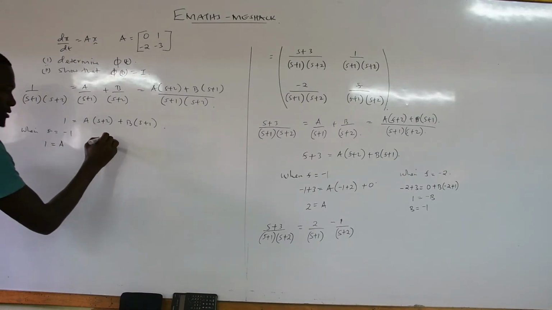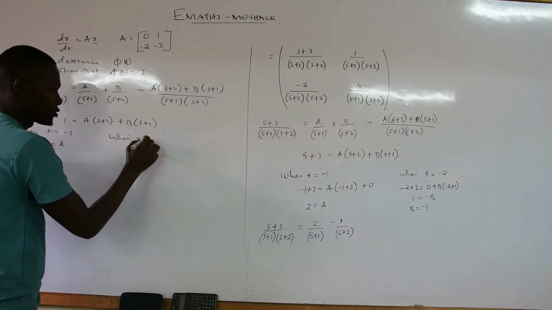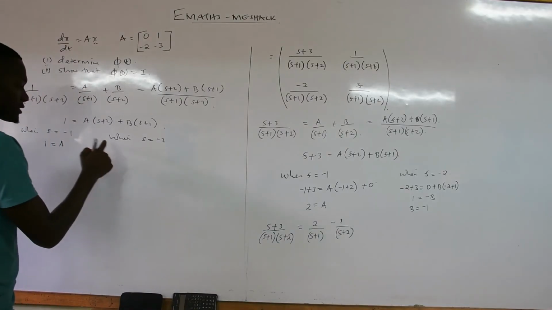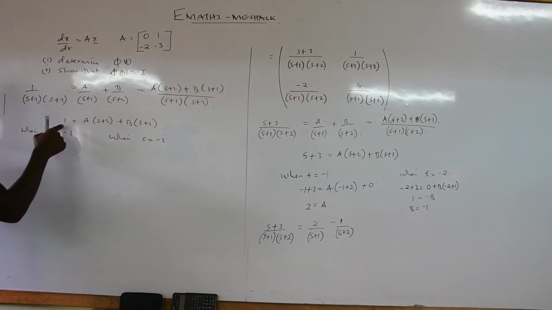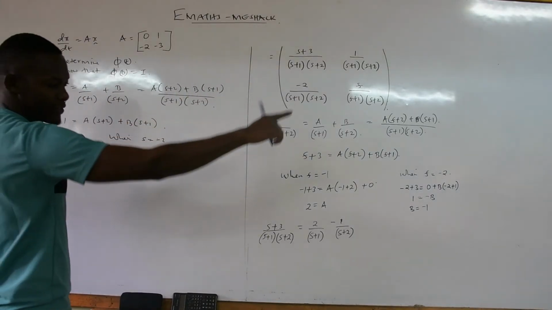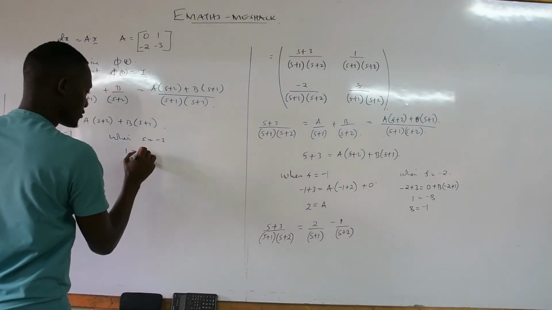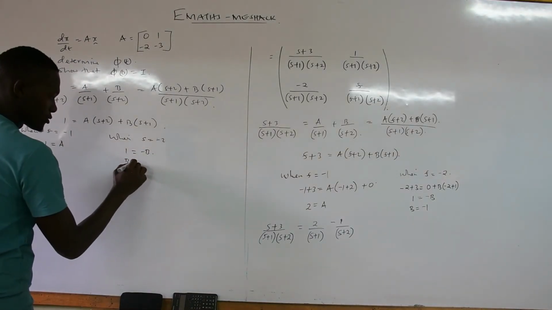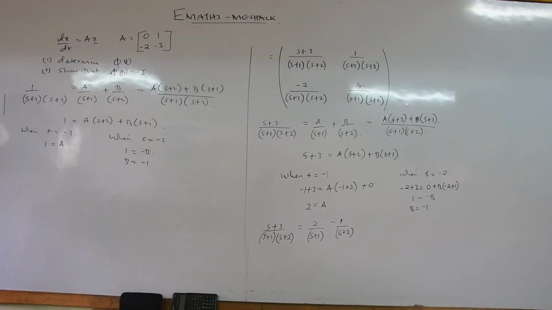When s equals negative 2, this right hand side is 1, there is no s, so it's just 1, equals the left hand side where we have said we get negative b, so my b in this case will be negative 1. I hope you really understand that.